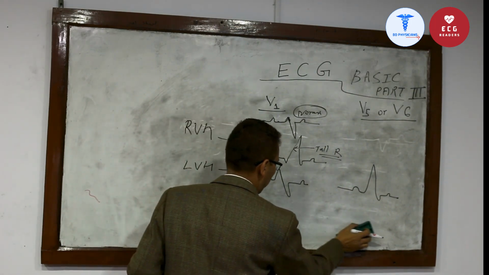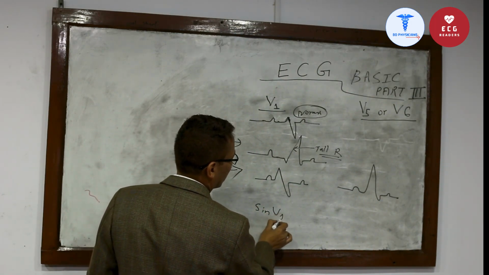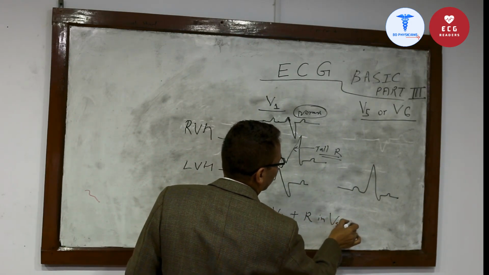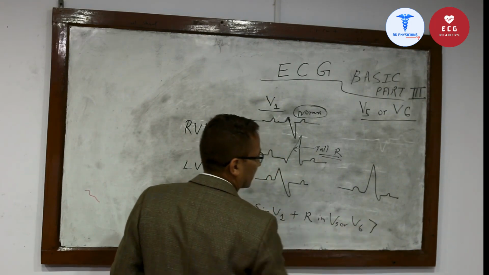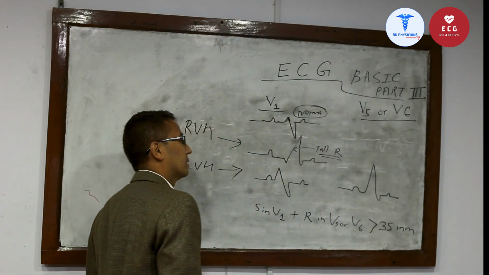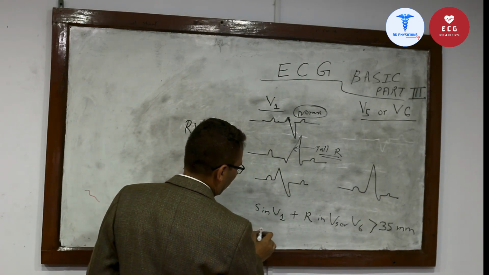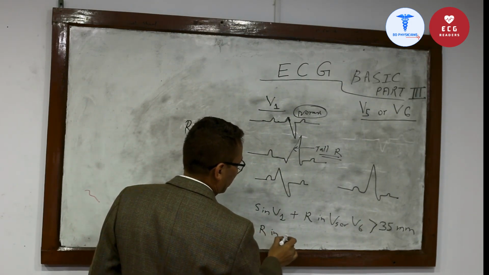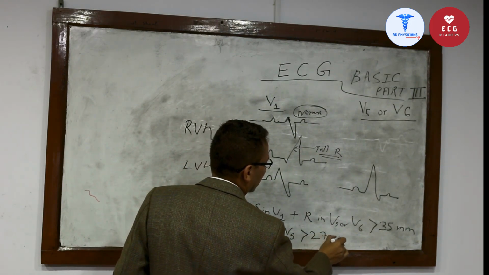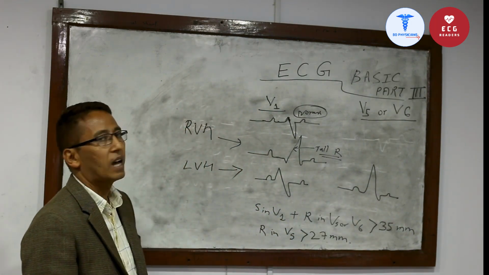If it is more than 35 millimeters, this condition is called left ventricular hypertrophy. Or simply, if the height of the R wave in V5 or V6 is more than 27 millimeters, this ECG will also suggest left ventricular hypertrophy.